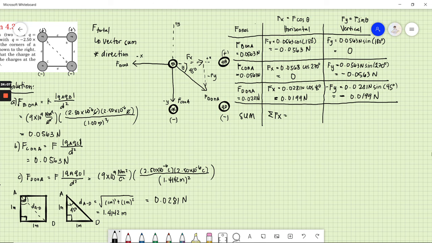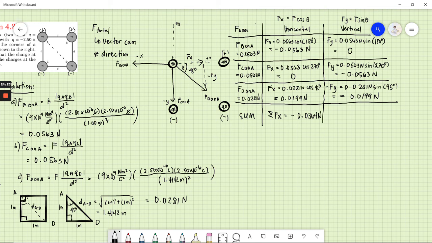After getting all of that, we just have to sum everything. Fx: negative 0.0563 newtons plus 0 plus 0.0199 newtons. And this is actually equal to negative 0.0364 newtons.